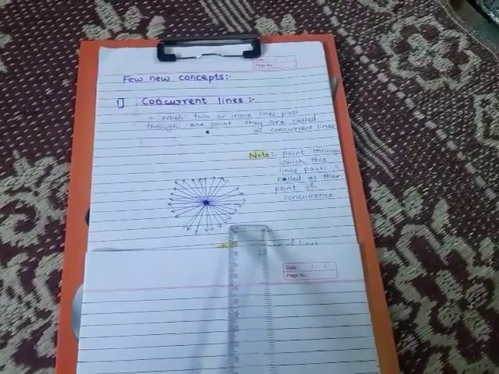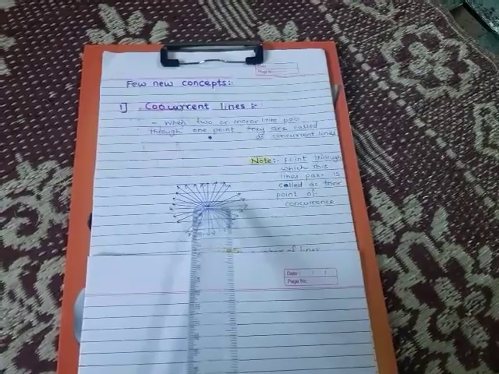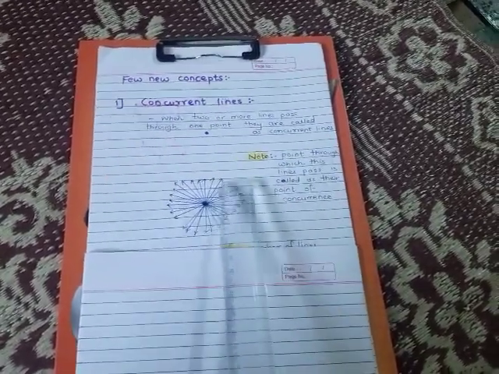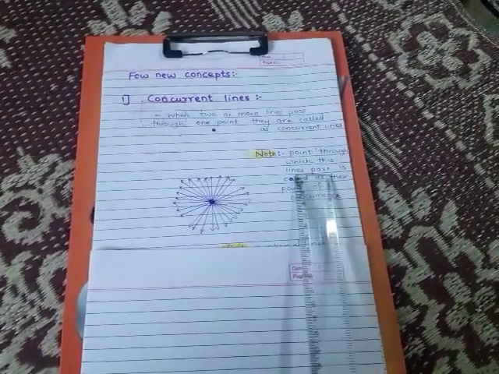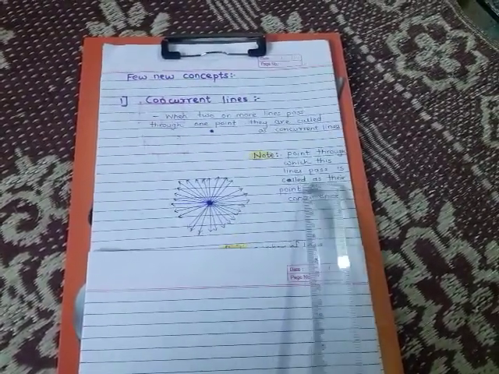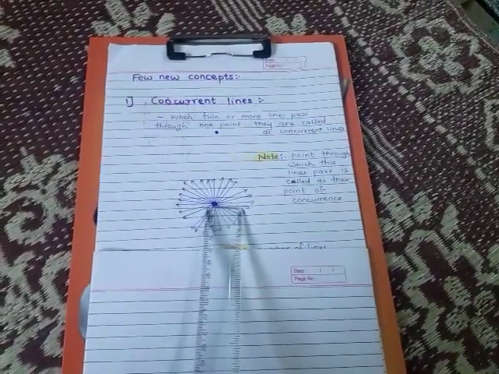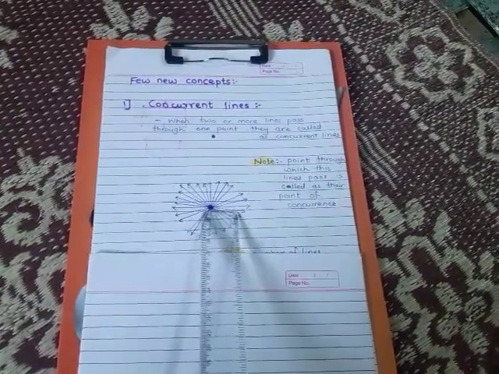So when two or more lines pass through one single point, they are said to be concurrent lines. There is a note for you. What is that note? The point through which the lines pass is called the point of concurrence. So the point from which they pass is said to be the point of concurrence.